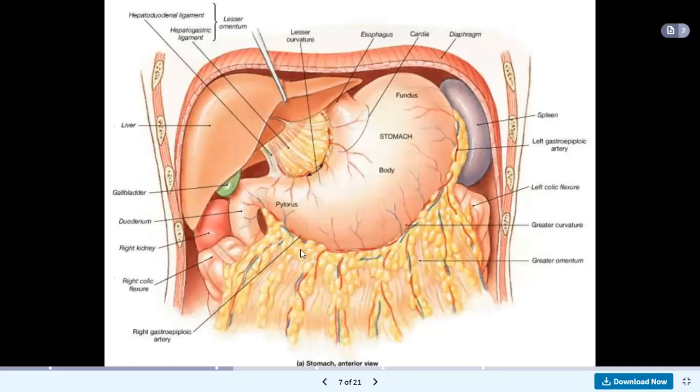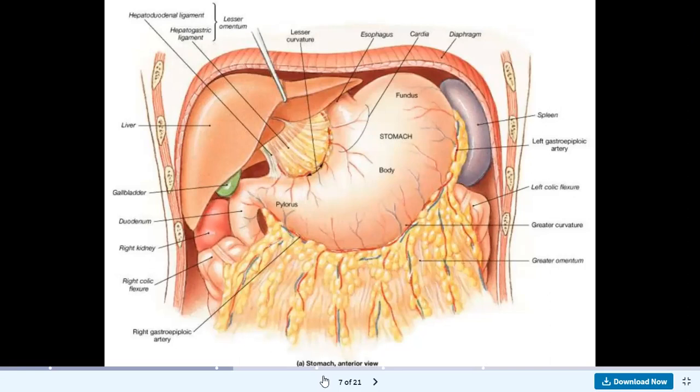It is connected to the transverse colon of the large intestine. So we'll have a transverse colon here. Now, this is what we call the greater omentum. So this greater omentum connects the lower part of the greater curvature of the stomach to the transverse colon of the large intestine. So this is the greater omentum here.